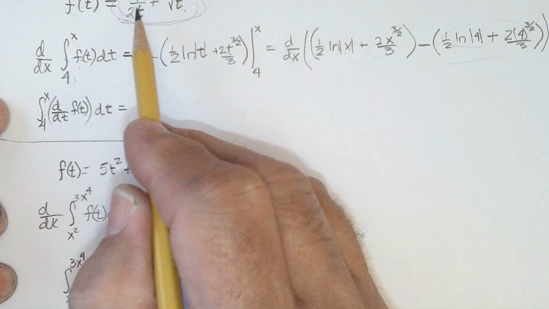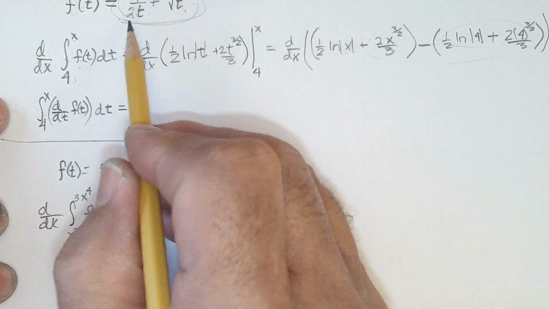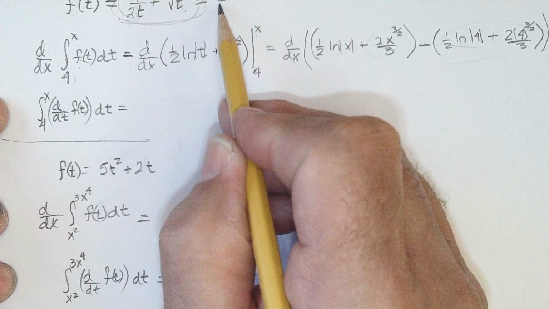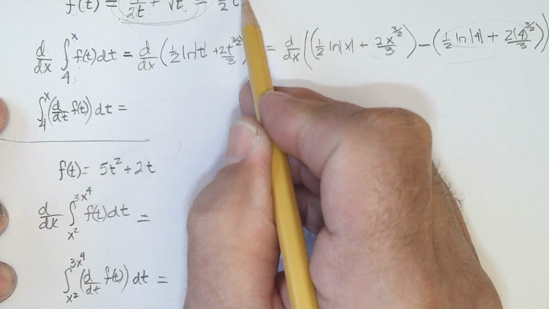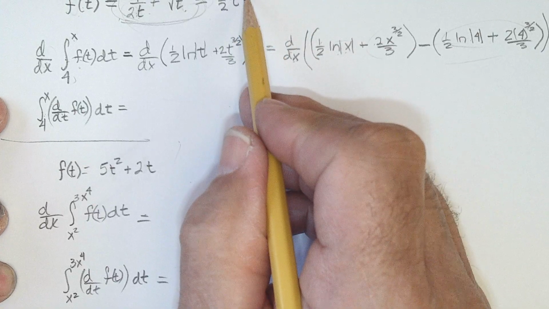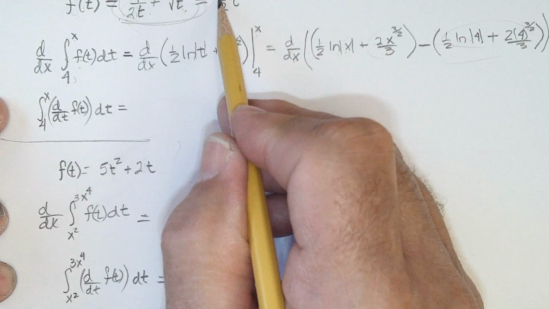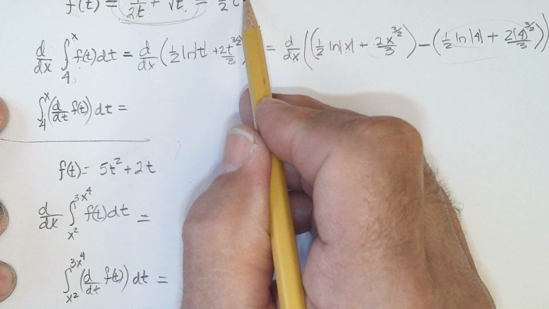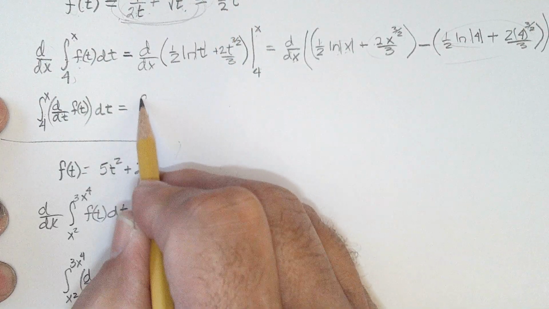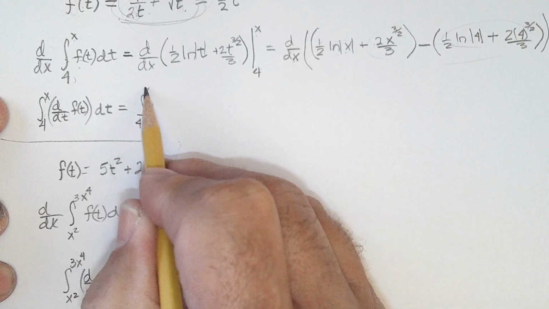Take the derivative first. So if this is 1 half t to the minus 1, its derivative is take the minus 1 down times and lower this by 1. So the derivative would be, we're not doing the integral yet, so I'm writing that.